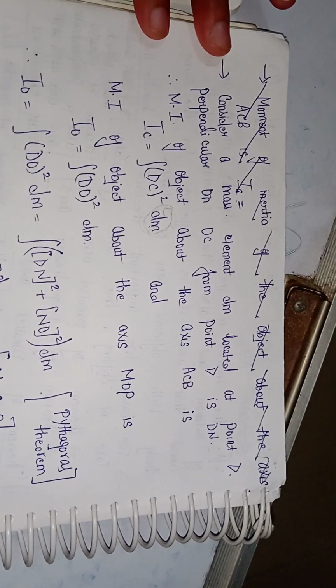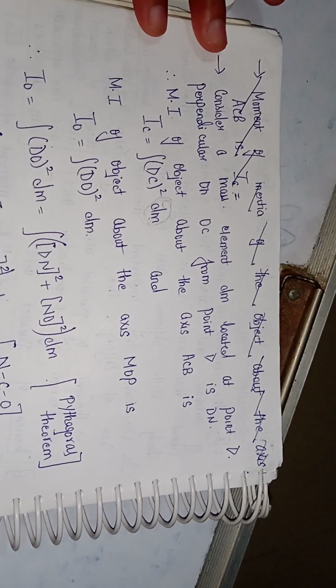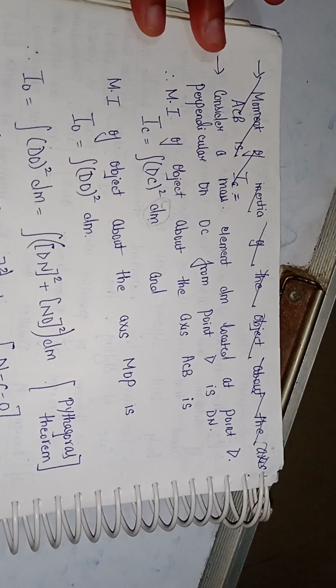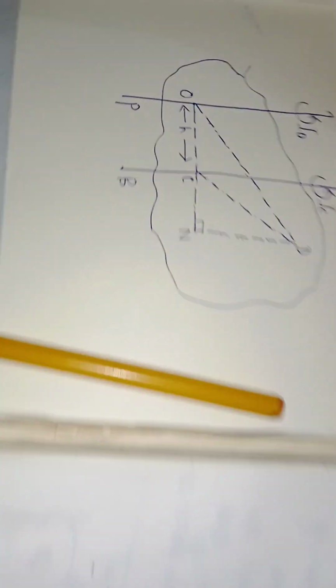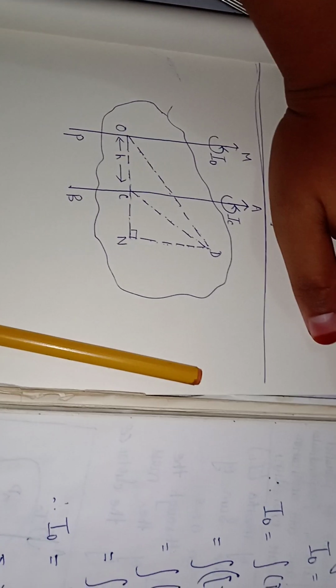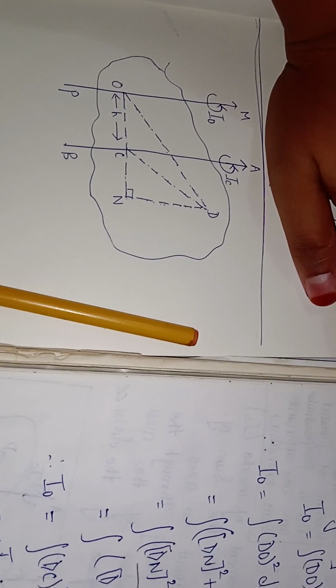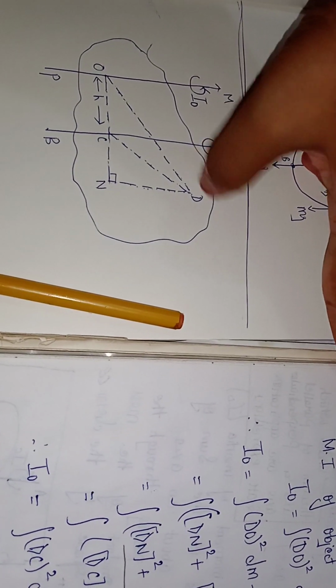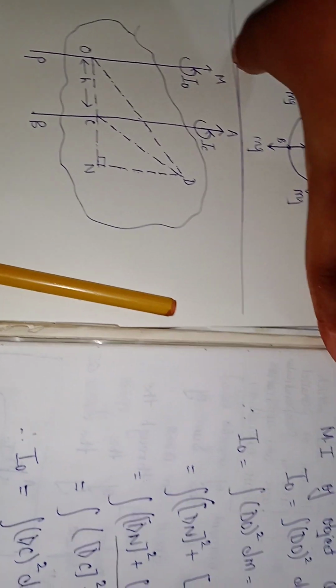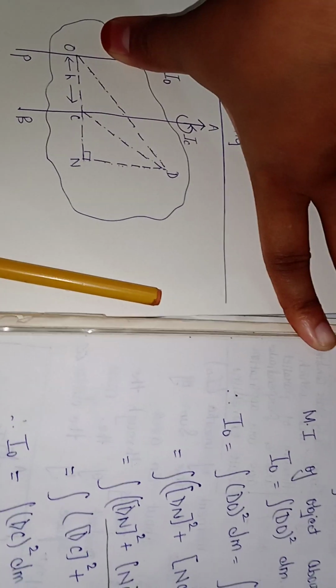Consider a mass element dm located at point D. The perpendicular on OC from point D is DN. Okay, this is perpendicular. Now as I told you, for IC the distance is DC, and for IO it is DO.